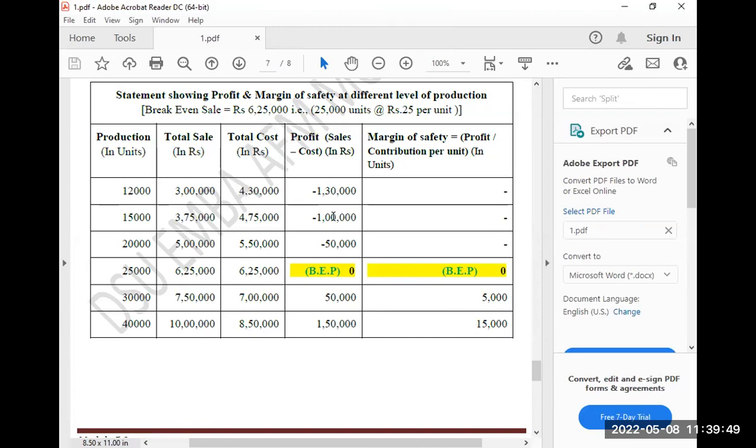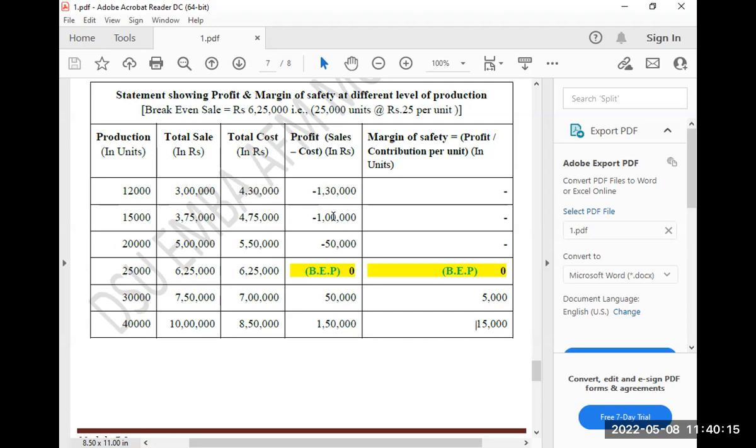How much are you getting? 25,000 units multiplied by 15 rupees of variable cost per unit. You will get 3,75,000. Is it right? Check it once again and write it.